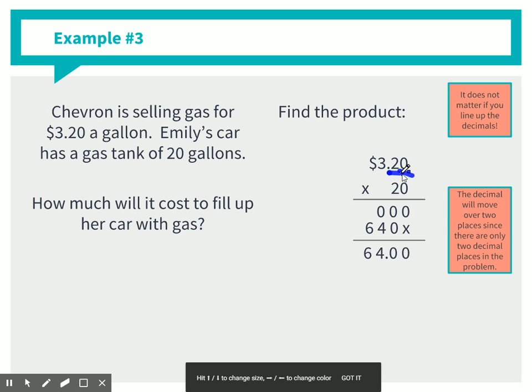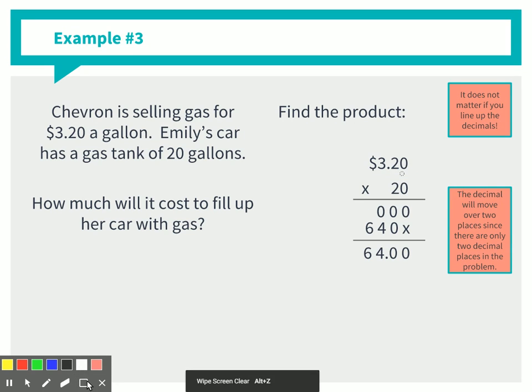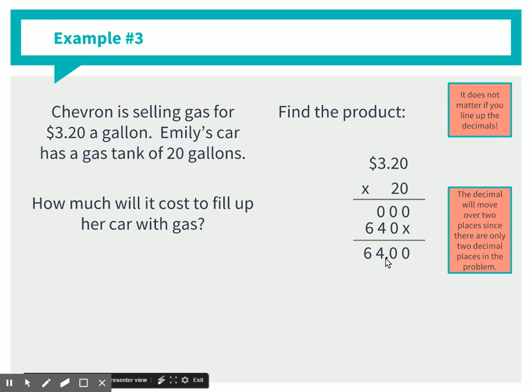So I'm going to move it over 2 decimal places then. But you have to be careful because in some problems you might have decimals down here too. So you have to count how many decimal places there are, and that will tell you how far you will move over. So Emily's going to actually have to pay $64 to put in a full tank of gas. So she will pay $64 for a full tank of gas.